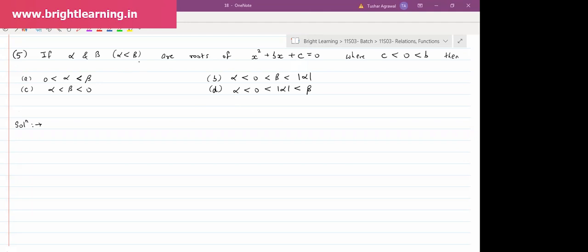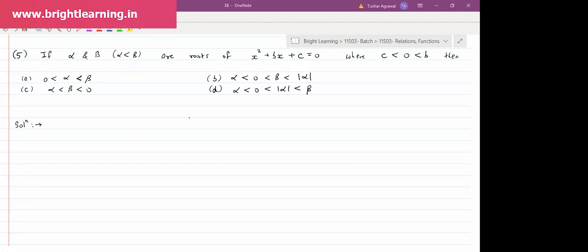See, what is asked in the question is just the signs of alpha and beta, whether they are positive or negative. We should try to interpret the question correctly. He's not asking the actual values. If you observe the options, he's just asking which are positive, which are negative, and whether numerically beta is greater or smaller than alpha, mod alpha, mod beta.